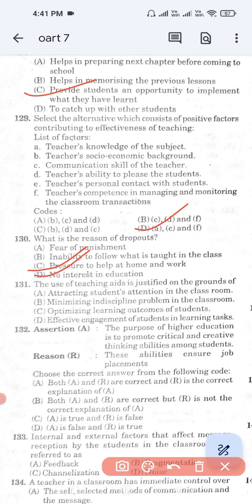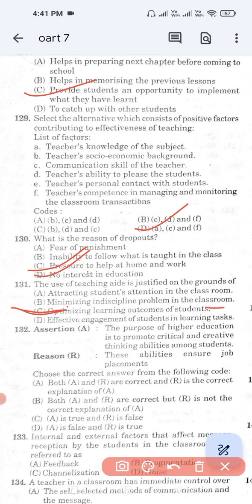And option D, effective engagement of students in learning tasks. So option C, optimizing learning outcomes of students, is the correct answer.